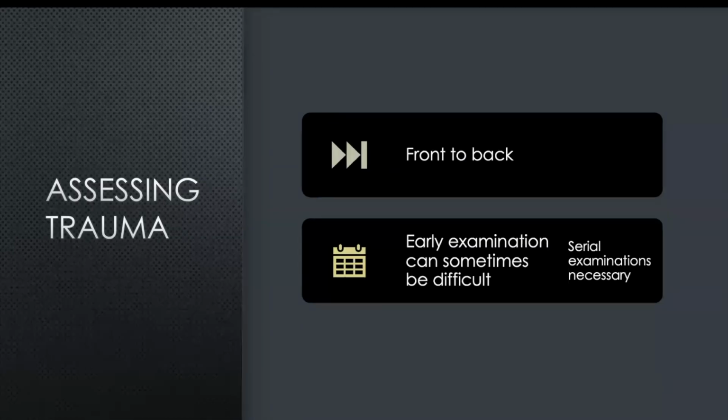Early examinations can sometimes be really difficult because, let's say, they have an AC that's very inflamed, a bit of blood, maybe a cataract, and being able to see into the back can be really difficult. You may only have an ultrasound, but that's why serial examinations can be really helpful. If you start somebody who has a traumatic uveitis with a hyphaema, you give them lots of steroids and then they come in every day, that AC starts to clear and you start to get a much better view of the back.